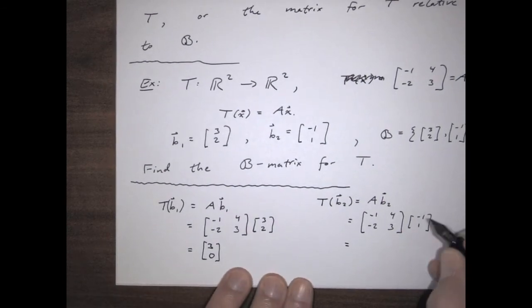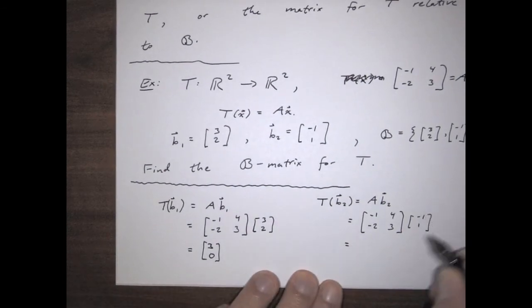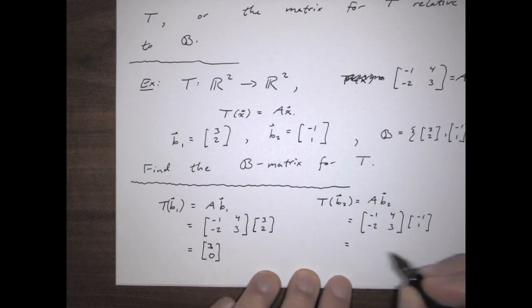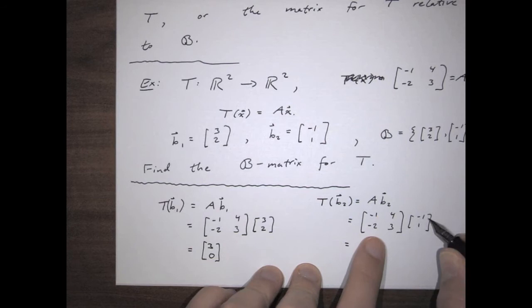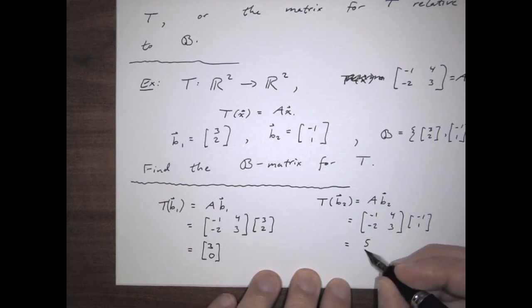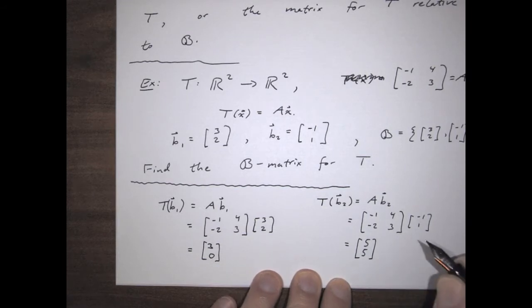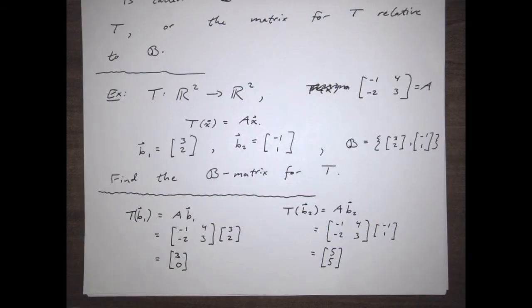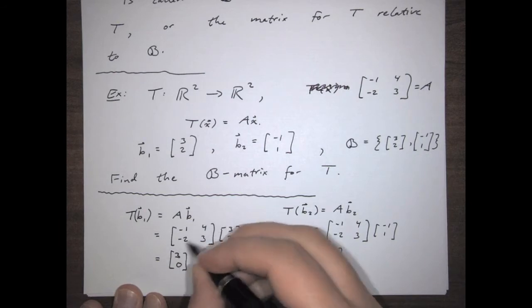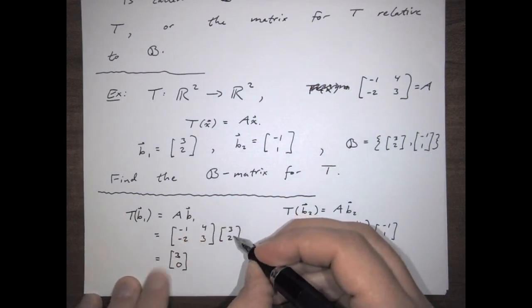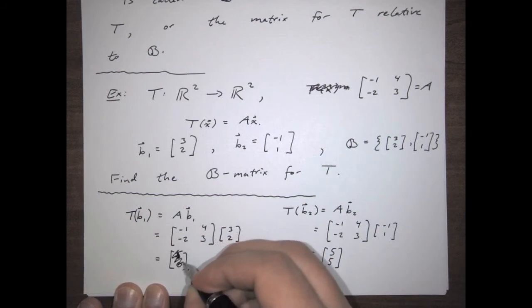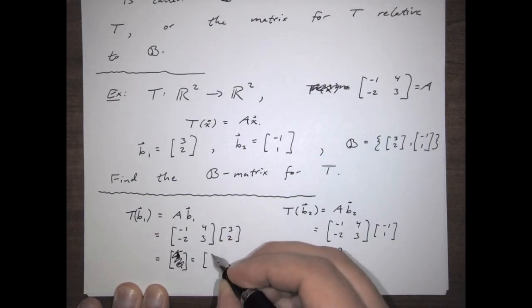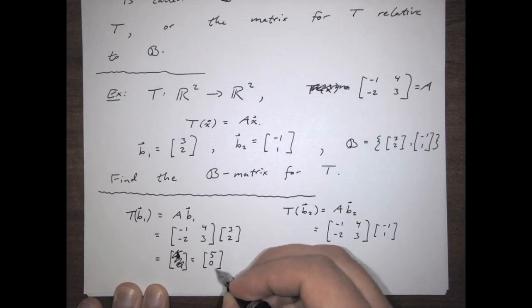Oops, correction here. So this is going to be -3 plus 8 is going to be 5, and then 5, 0.